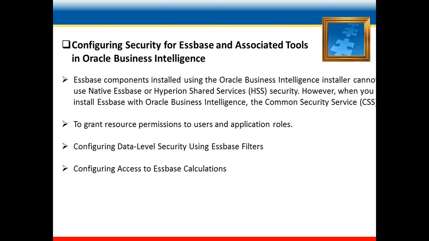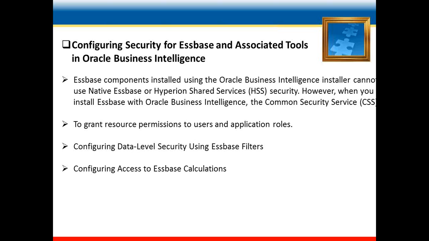Then second, to grant resource permission to users and application roles. If we need to grant resource permission definitions to Essbase filters or Essbase calculations, then the filters or calculations must already exist. Then it is possible to grant permissions to the resources and application roles with the help of Fusion Middleware Control.